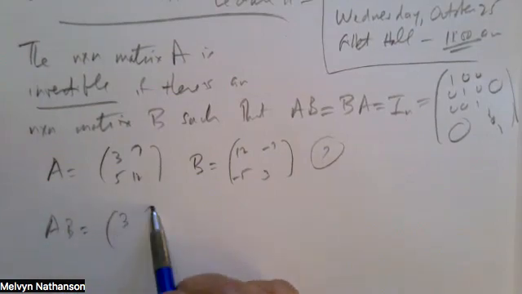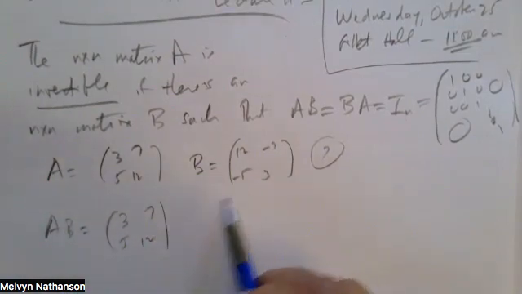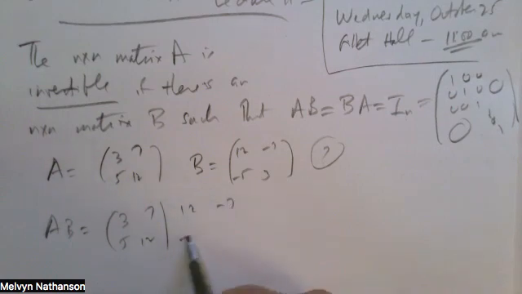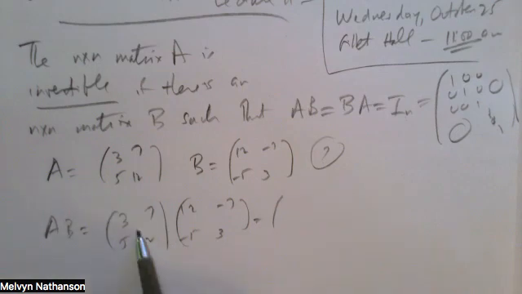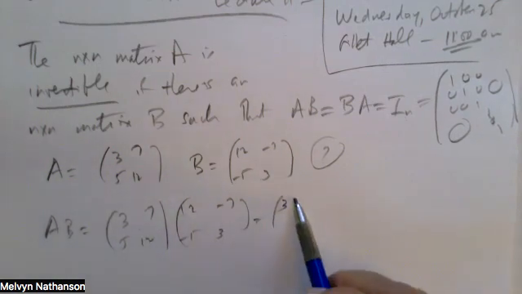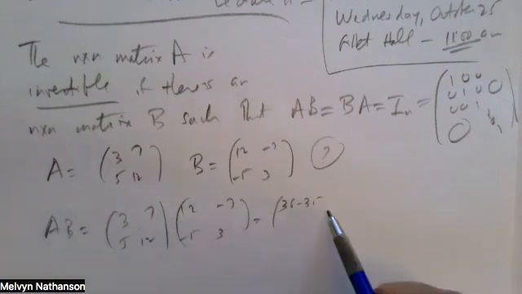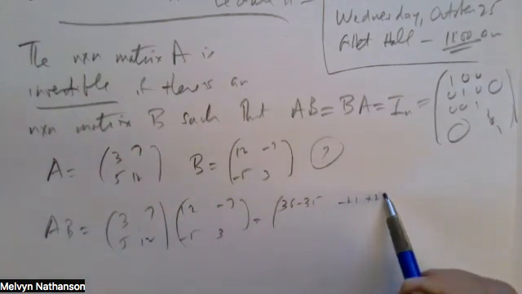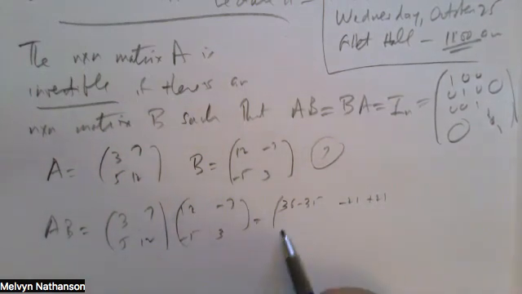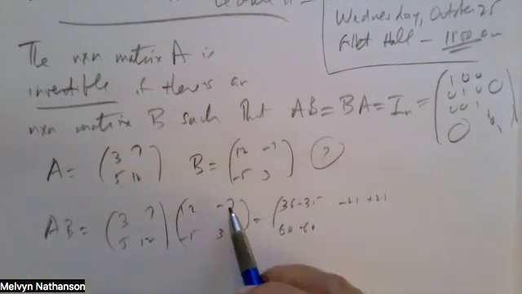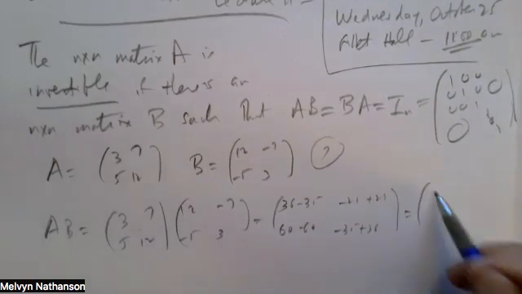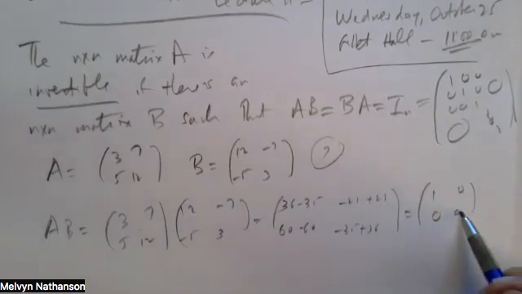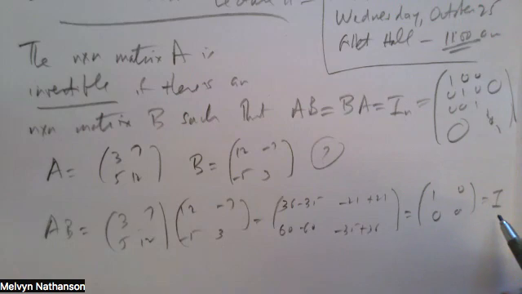If I take 3, 7, 5, 12 times 12, minus 7, minus 5, 3, I get 36 minus 35, minus 21 plus 21, 60 minus 60, minus 35 plus 36. So if I do my arithmetic, this is the 2 by 2 identity matrix.